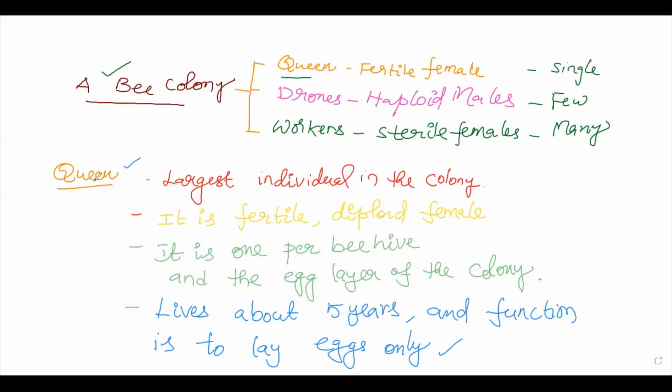Generally, it receives sperms from the drones when it is flying during the nuptial flight, and stores those sperms in its spermatheca. This queen has a sac-like structure called the spermatheca that helps to store the sperms.